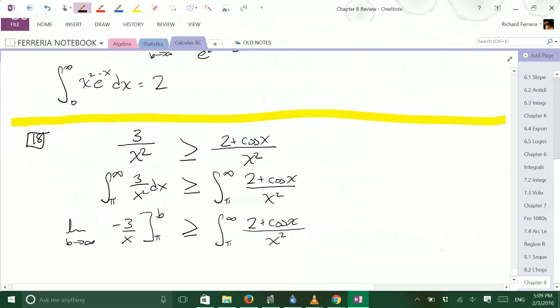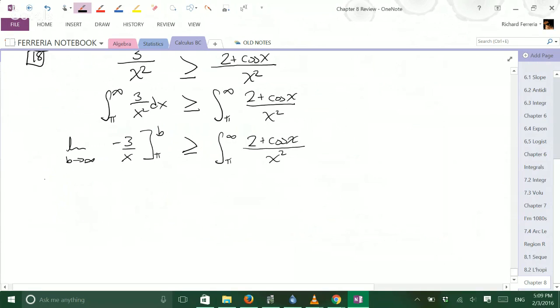Okay, does that make sense? Let's substitute. The limit as b approaches infinity of negative 3 over b plus 3 over pi should be greater than or equal to the other integral. It gets tiring writing this same integral over and over again, especially when I forgot the dx every time.